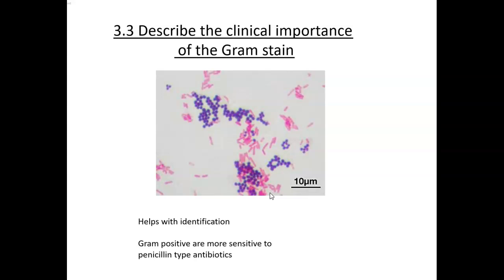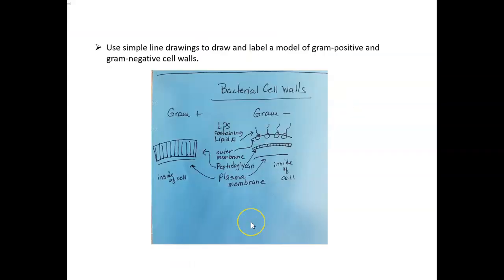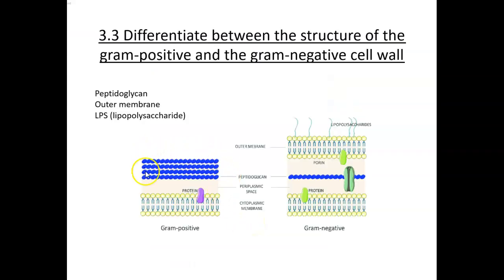And another reason why this is clinically important is gram-positive cells are actually more sensitive to antibiotics like penicillin. Turns out penicillin attacks peptidoglycan. So if your bacteria are growing in the presence of the antibiotic penicillin, you've taken some medicine, the bacteria fall apart. That wall is no longer rigid and the bacteria don't grow normally and they die.